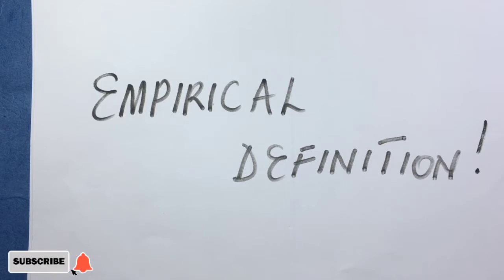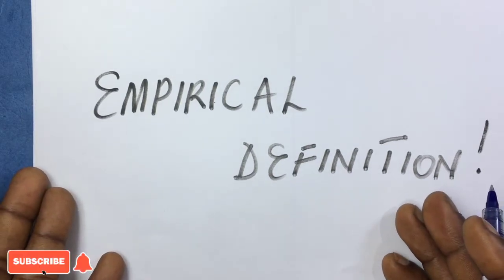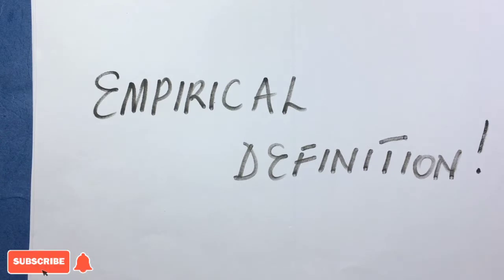They can explain the problem, but they cannot solve the problem. So we need something more concrete. That brings us to the empirical definition of probability. By empirical definition, we mean a definition that stems from something practical, probably by experiment.